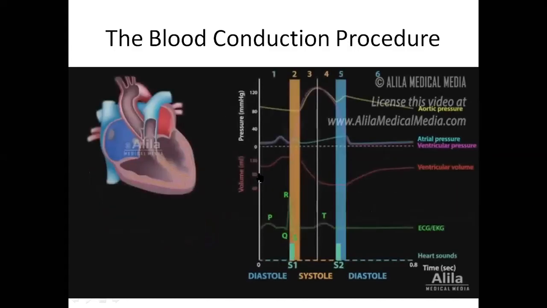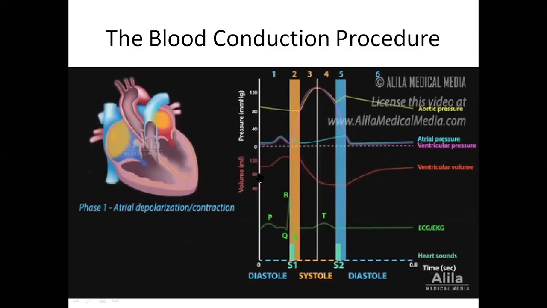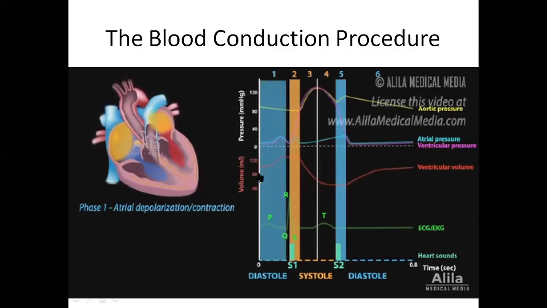The cycle is initiated with the firing of the SA node that stimulates the atria to depolarize. This is represented by the P wave on the ECG. Atrial contraction starts shortly after the P wave begins and causes the pressure within the atria to increase, forcing blood into the ventricles.